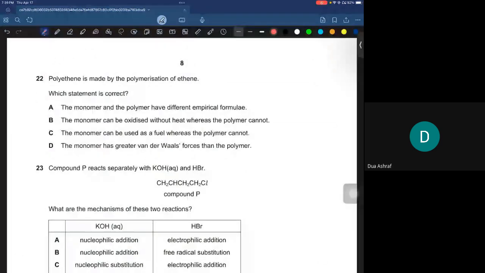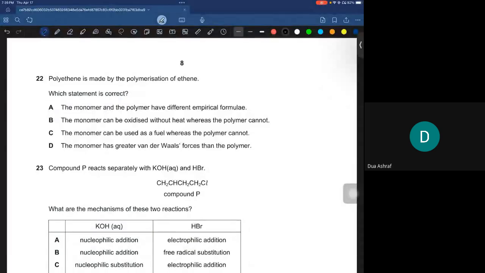Question number 22. Polyethylene is made by the polymerization of ethene. Which statement is correct? Option A: the monomer and the polymer have different empirical formulae. No, they are the same. You know how?